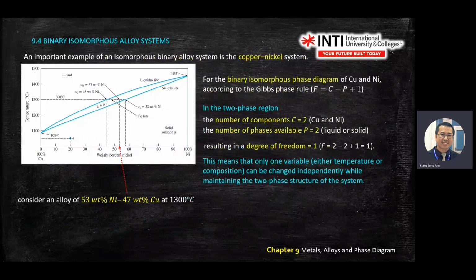For example, if you fix the concentration at 53% nickel and 47% copper, you can only play with temperature.